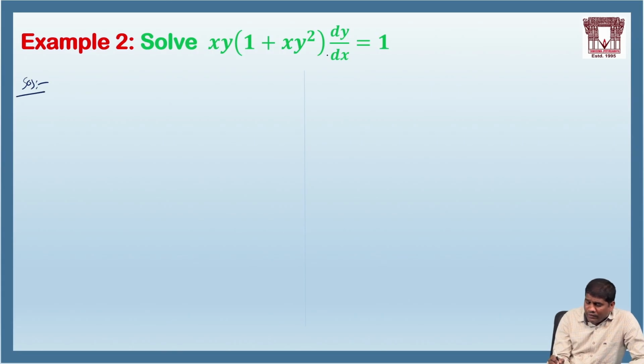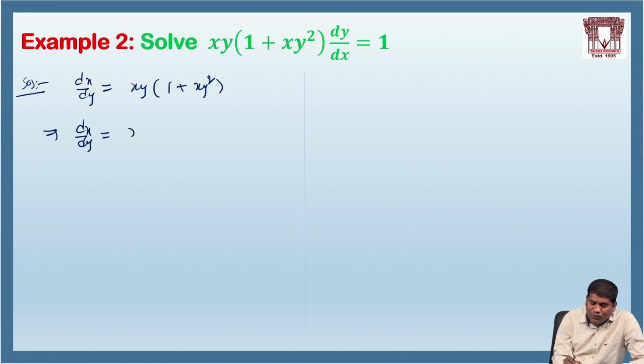Now we have to write this equation as, by cross multiplication, dx/dy is equal to xy times (1 plus xy²). Then that implies dx/dy is equal to xy plus xy into xy², that is x²y³.